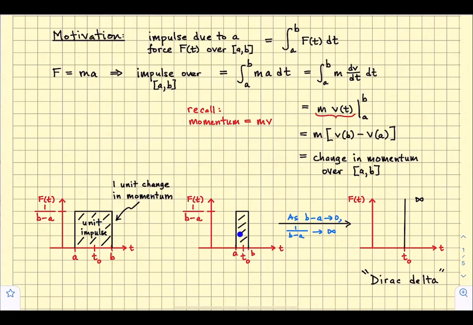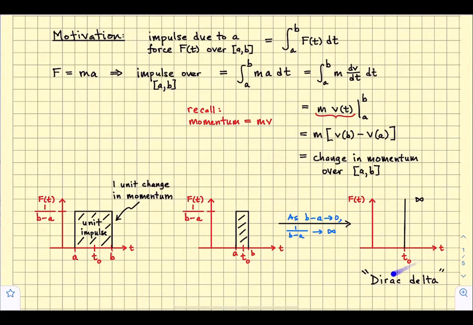I know I've drawn these on the same scale, but actually this would be a lot taller version of a rectangle here, and then if we shrunk A and B even more, this unit impulse is giving us a sequence of these boxes that are getting taller and taller and skinnier, and then in the limit, as B minus A goes to 0, as this width goes to 0, this height must be going to infinity, and in the limit you would get the idealized Dirac delta, which is an infinite spike that would represent a unit impulse or a unit change in momentum that's occurring exactly at the point t naught.